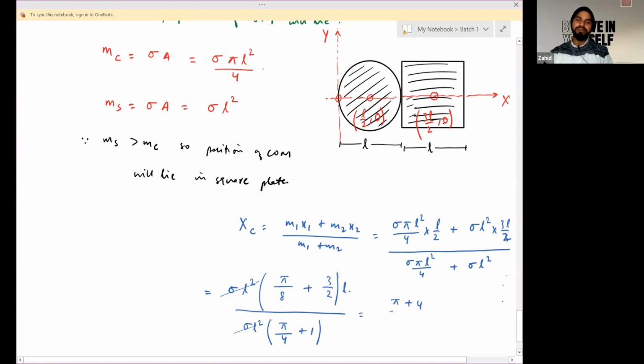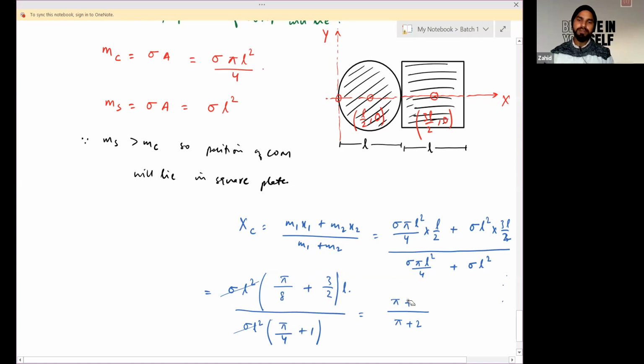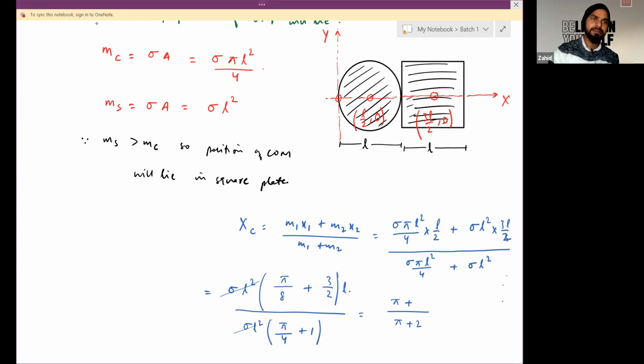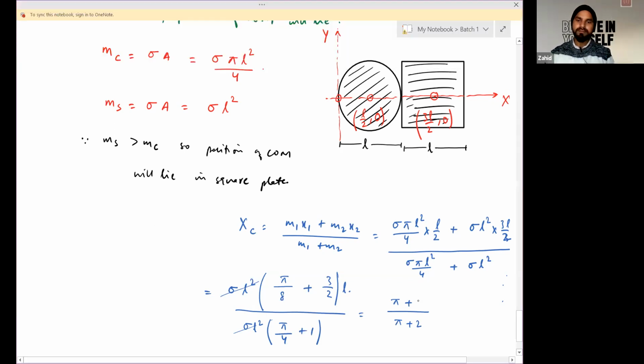Pi plus 4 divided by, if you take 4 to be LCM of this part, you will get pi plus 2. Just 1 minute. 3 into 4 will be 12. 8 divided by 4, it will be 2.